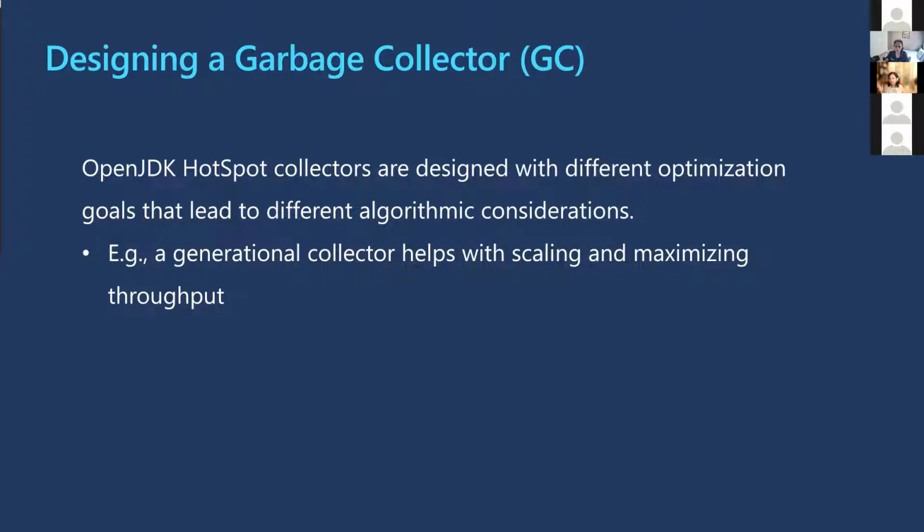Basically all OpenJDK collectors before ZGC and Shenandoah are generational. It started with the serial garbage collector, and then the throughput one, which is parallel GC, then G1. These are all generational. And if you're keeping track of the lower latency collectors, you'll see that most of them are going the route of generational as well, because that helps with throughput mostly.